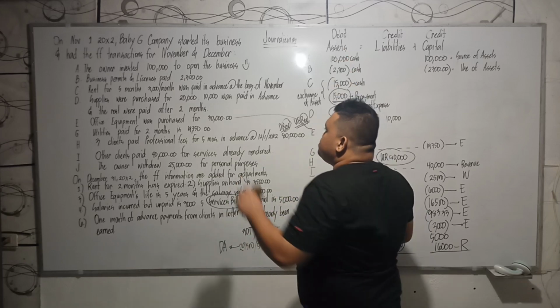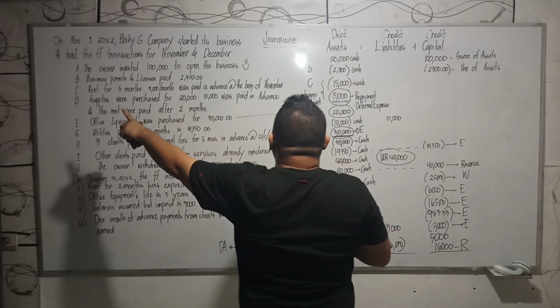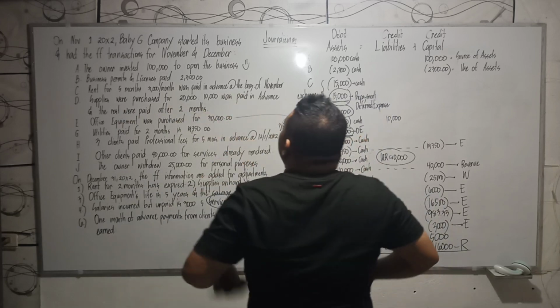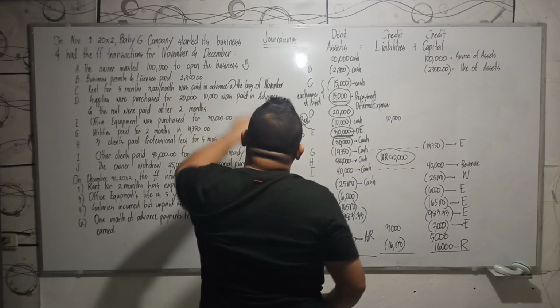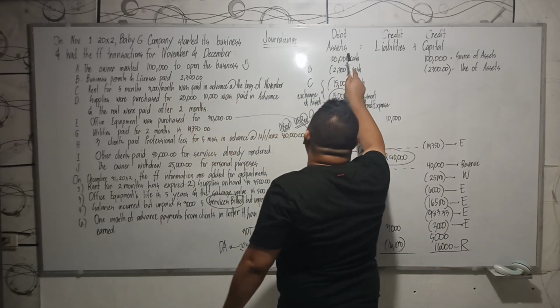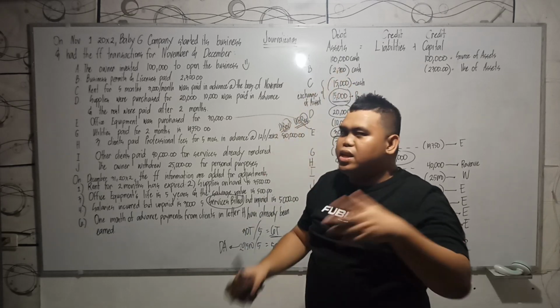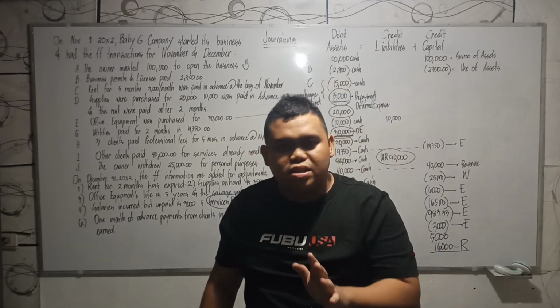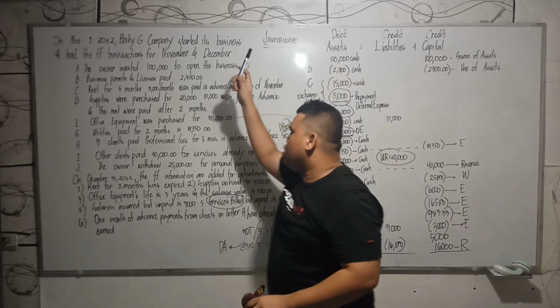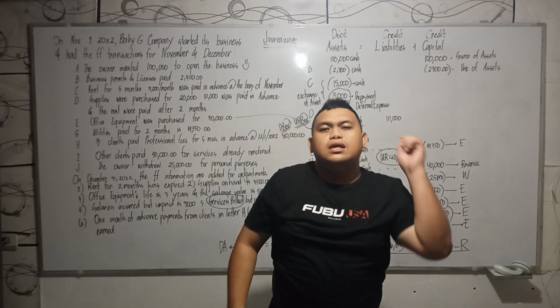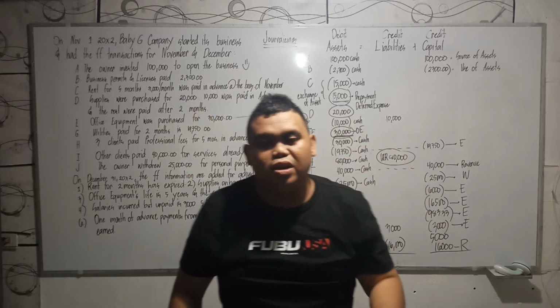So, for example, in transaction letter A, the first transaction, the owner invested 100,000 to open the business. As you can see, the assets increased. But instead of saying the assets increased because of the owner's investment of 100,000, you say the assets are debited.